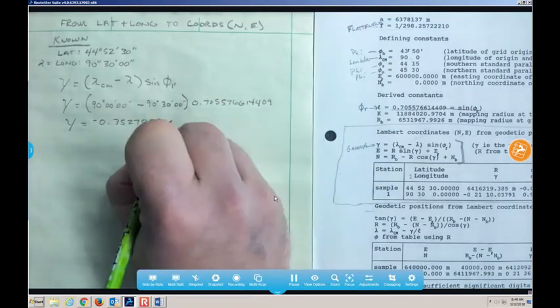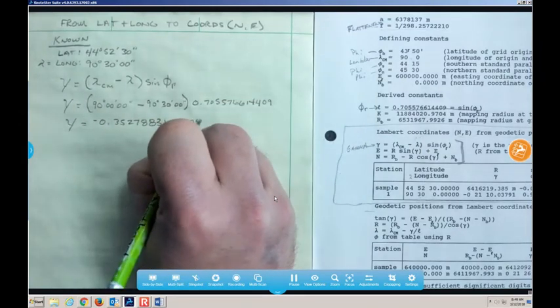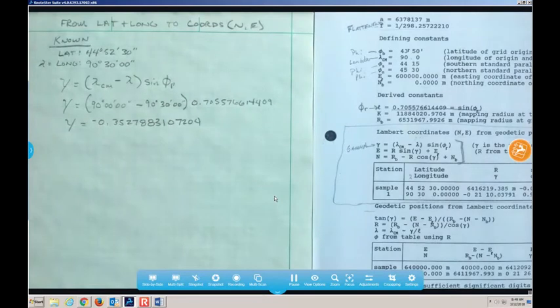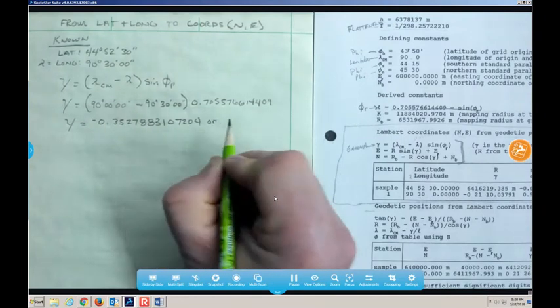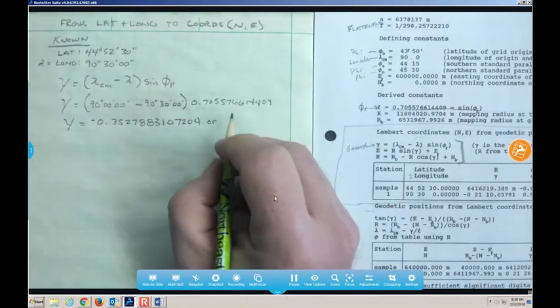I'm going to carry it out further, because in geodetic calculations, as long as your calculator gives it out to that many digits, write it down, because it will make a difference. So what is this in degrees? You may give me the degrees for that.